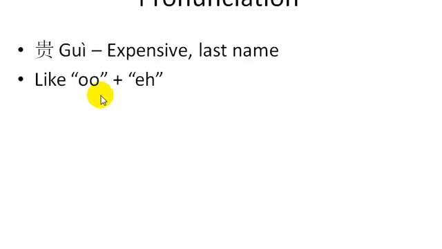But more accurately, this UI sounds like an U and A, like when Fonzie says A, gui. So let's put it together quickly. It's 4th tone, so we pronounce it sharply 3 times. Gui, gui, gui. Excellent.